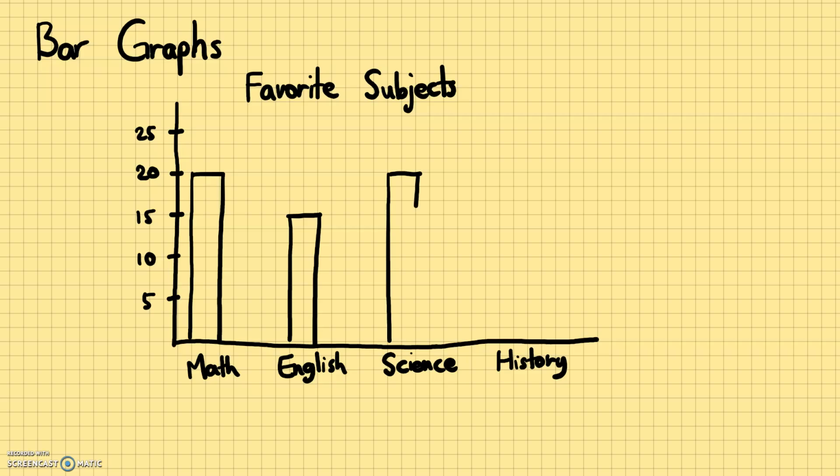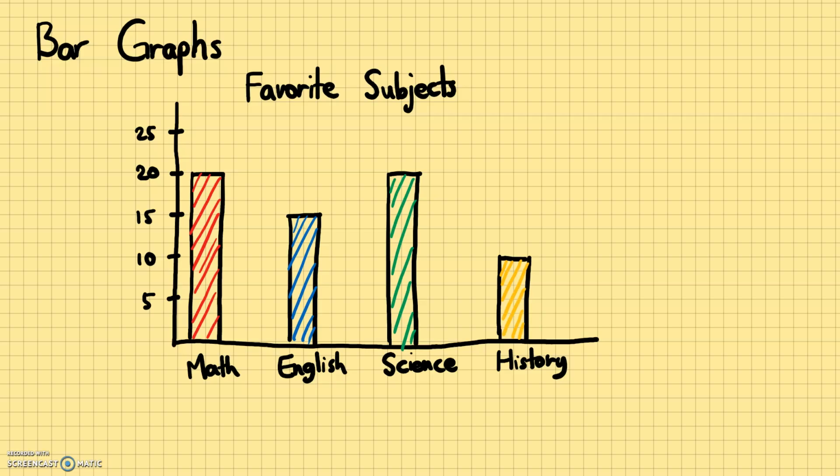For history, let's have 10. Right, and then for you to see them easier, I'm going to color these bars. English, we have science, and we have history.